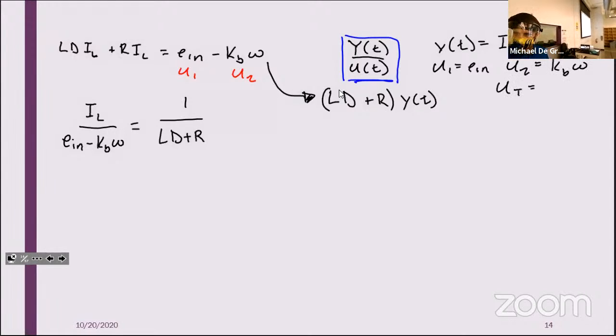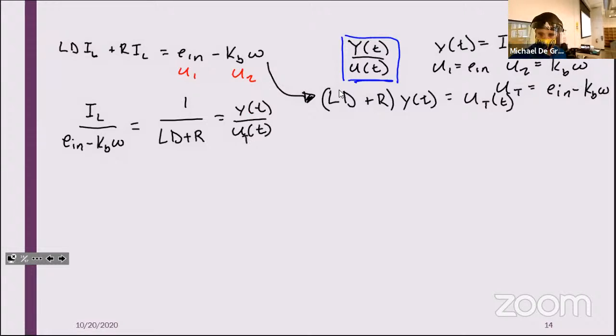So u total is E n minus K b omega. This is equal to u sub t of t, u total of time. So we created this transfer function, 1 over L d plus R. It's our time domain transfer function.